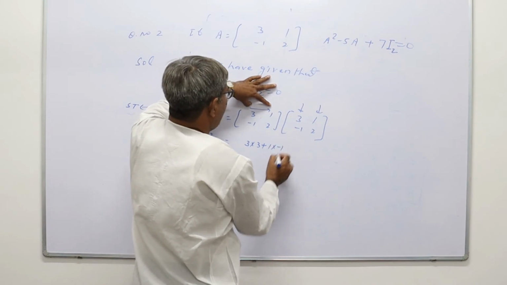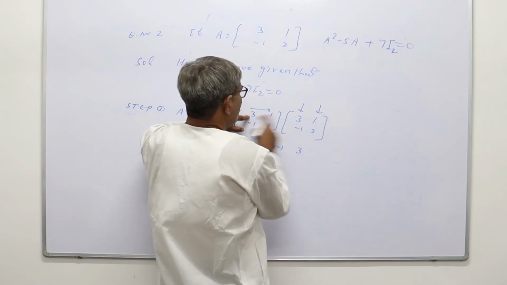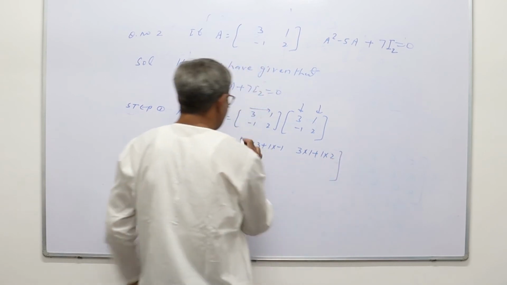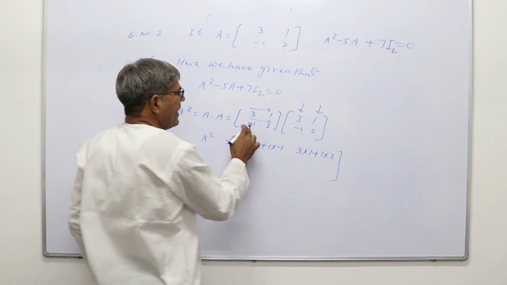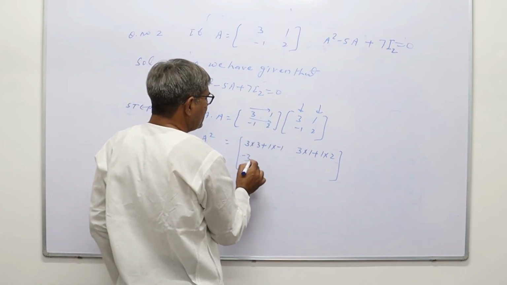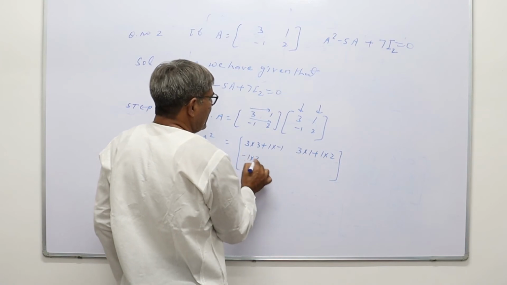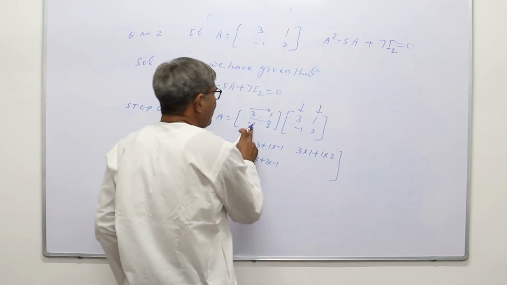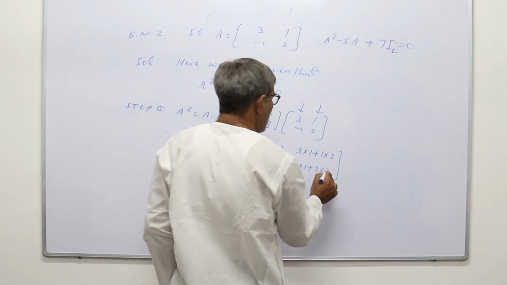Then first row second column, so 3 into 1 plus 1 into 2. Again, now second row with first column: minus 1 into 3 plus 2 into minus 1. Then minus 1 into 1 plus 2 into 2.